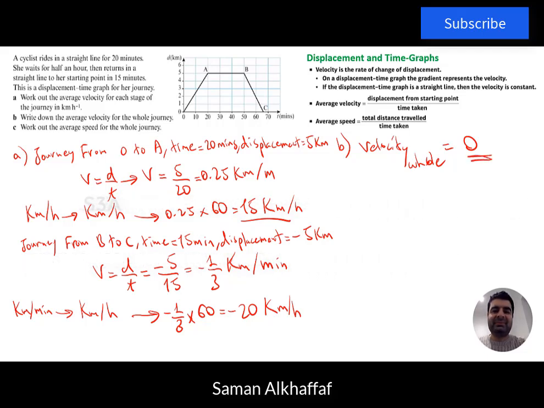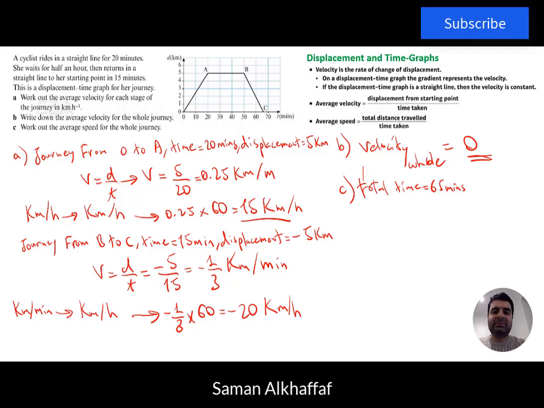For part C, we need to work out the average speed for the whole journey. So for part C, we say the total time equals 65 minutes, and we know the total distance is 5 and then 5.